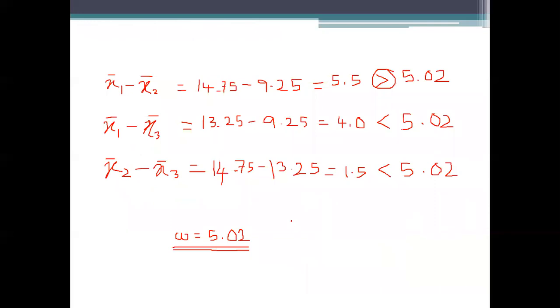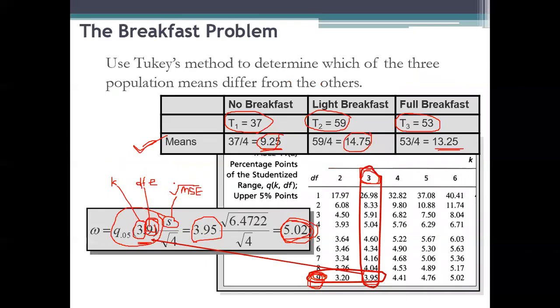So now, okay, we are going to make the comparison. First of all, there is the possibility to compare between T1 and T2, or S1 and S2, and then T1 with T3, and then T2 with T3, isn't it?